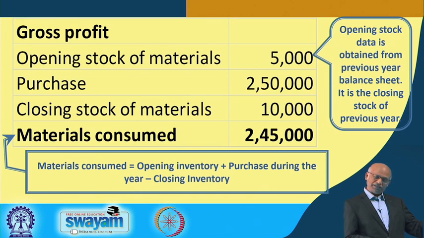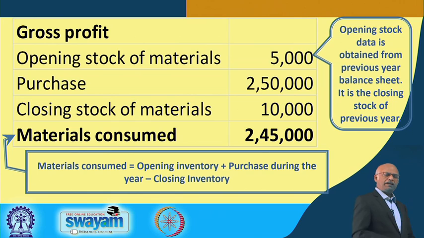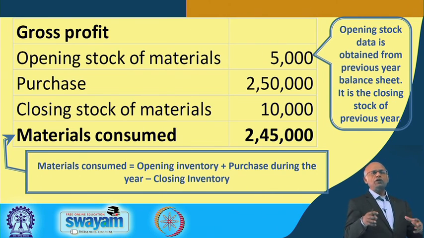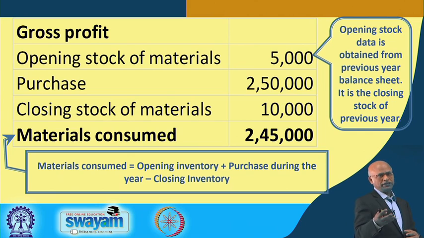So, you started the business with an opening stock that you inherited from the previous year. During the year you bought 2,50,000 rupees. Whatever you started with is 5,000, plus whatever you bought is 2,50,000. So, that makes 2,55,000 rupees of stock that was available to you to sell.